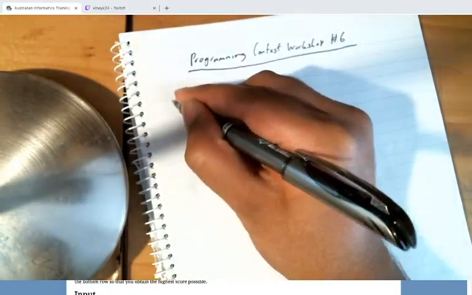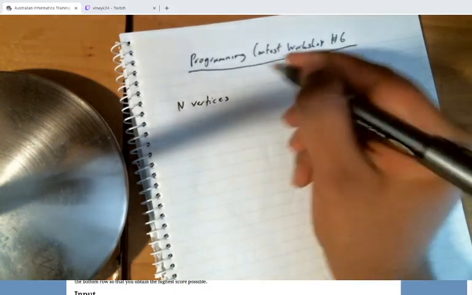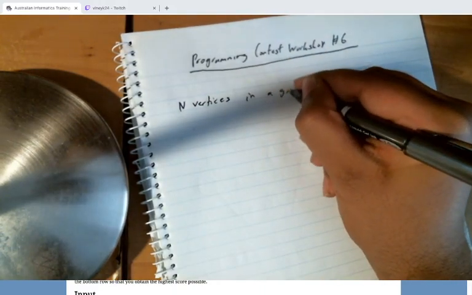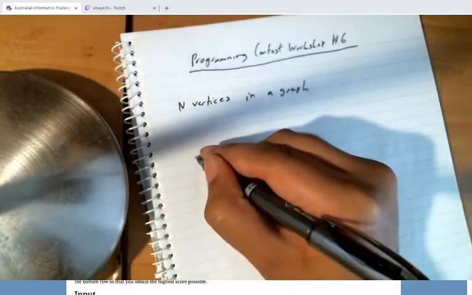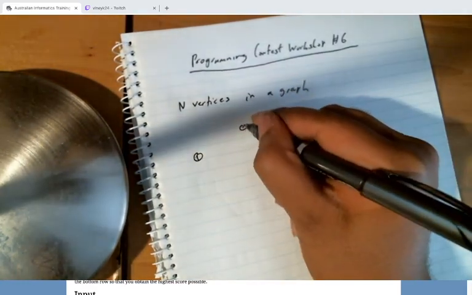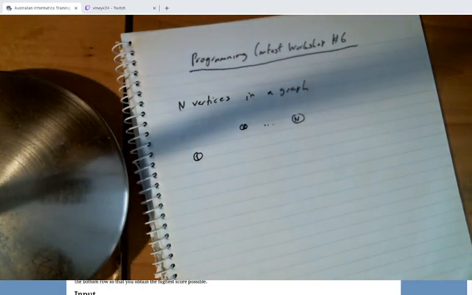So here's the problem. We have n vertices in a graph. So for example, 1, 2, ... there's n vertices like this.